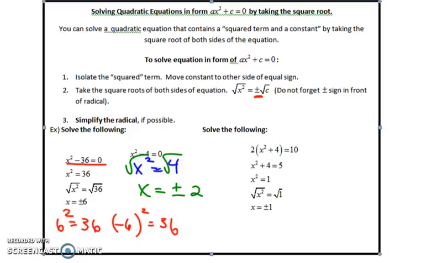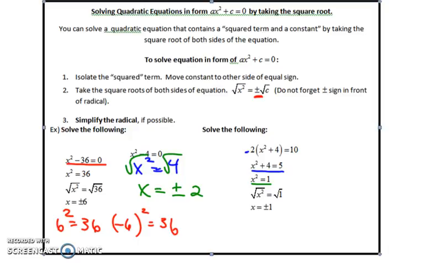Here, we need to divide by 2 to get x squared plus 4 is now equal to 5. We want to isolate the square, so we'll subtract 4 to get x squared is equal to 1. Again, taking the square root of both sides, the square root of 1 is 1, so x is equal to plus or minus 1. Now, if that did not simplify perfectly, we would just simply simplify the radicals.